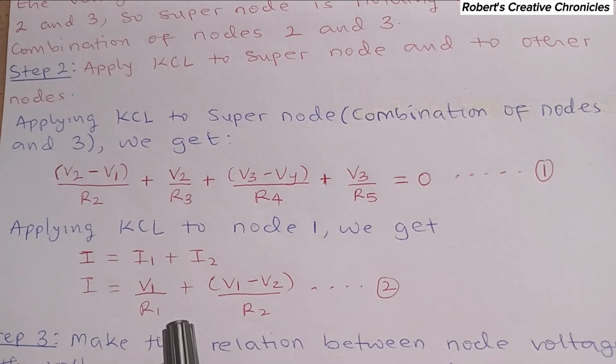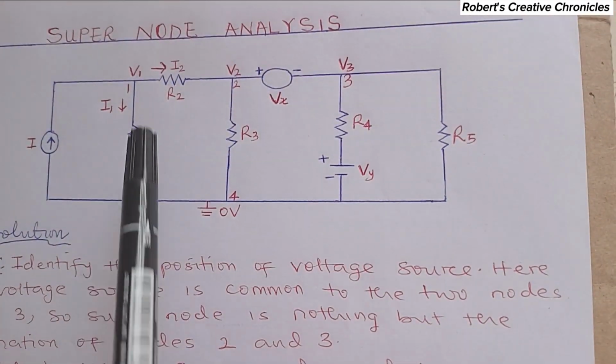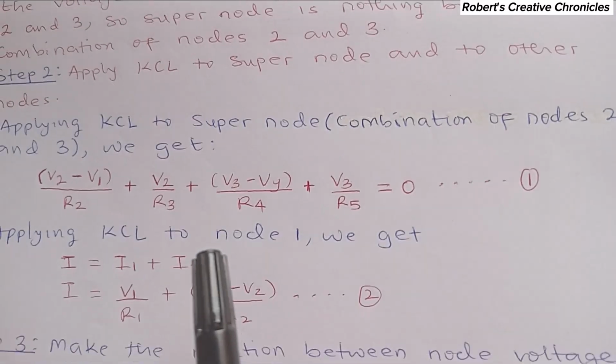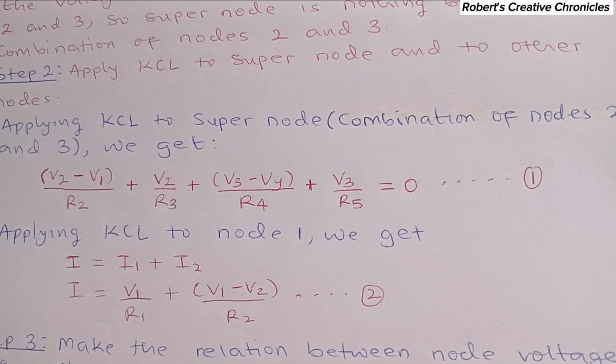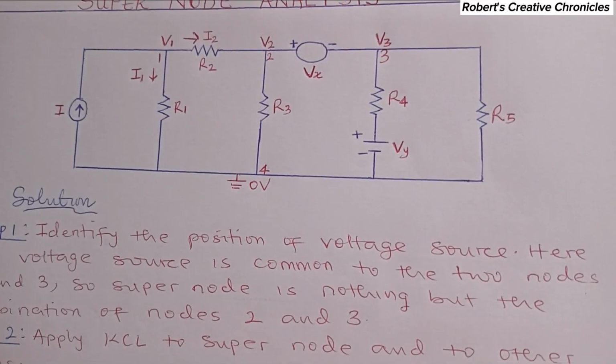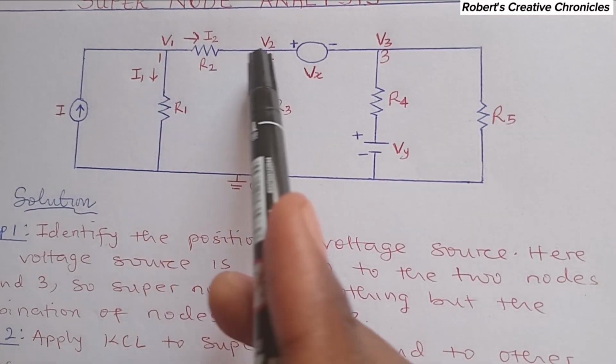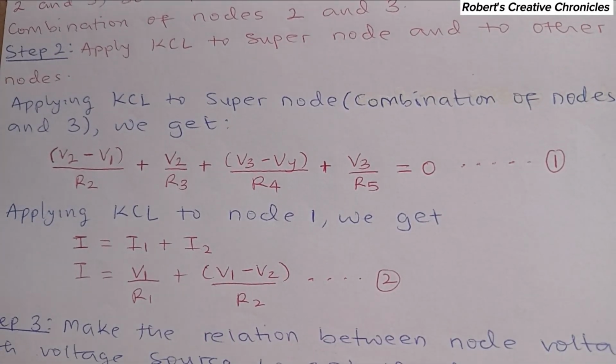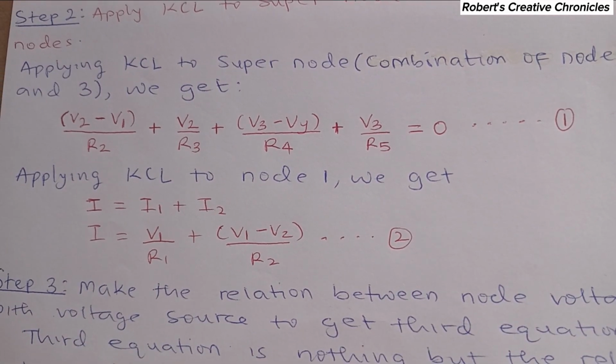Then applying Ohm's law, I1 is V1 minus 0 over R1, and I2 is V1 minus V2 over R2. So that's all.